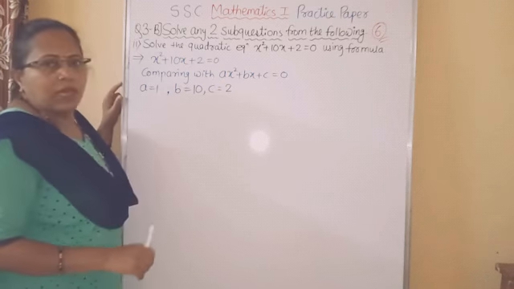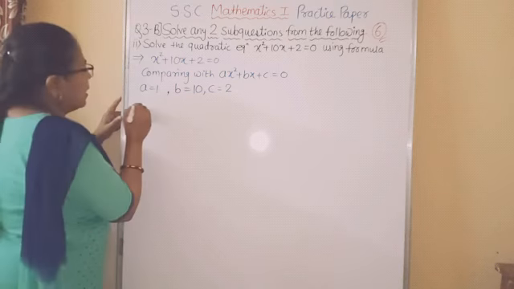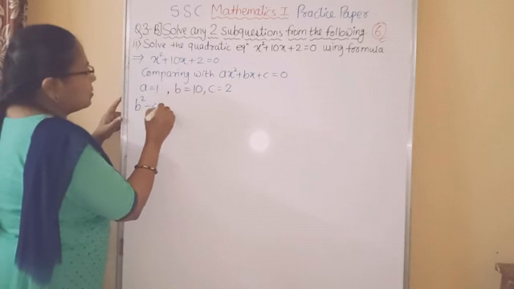After getting these values, we have to find the value of the discriminant, that is b square minus 4ac.